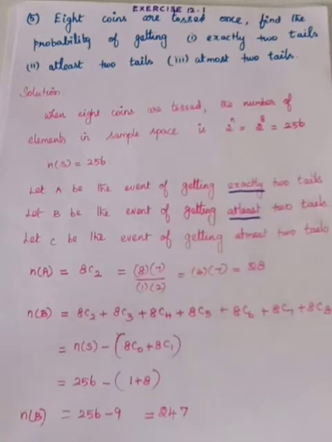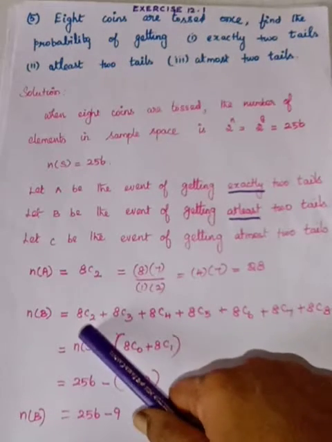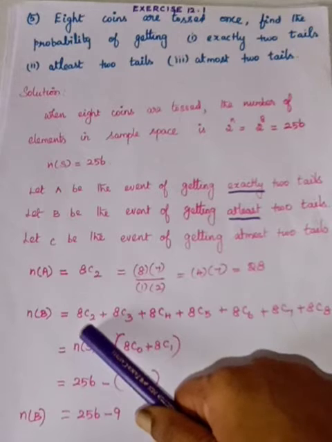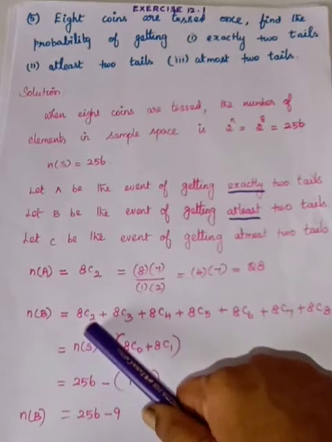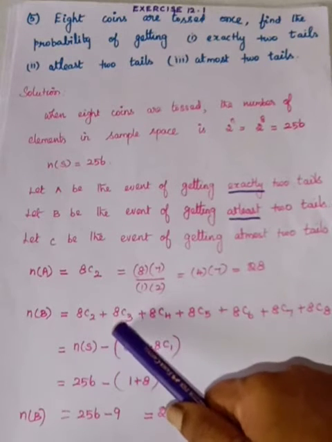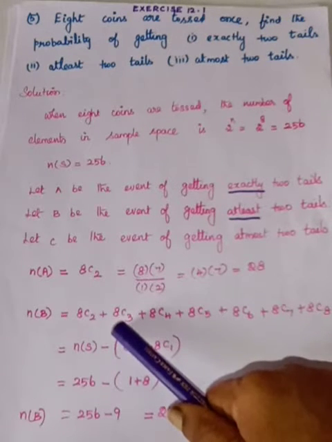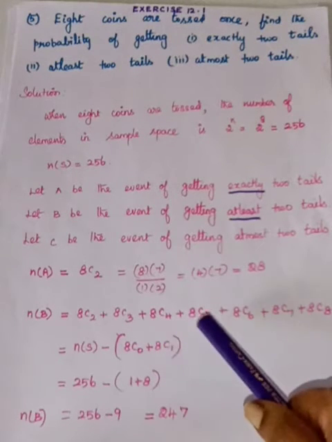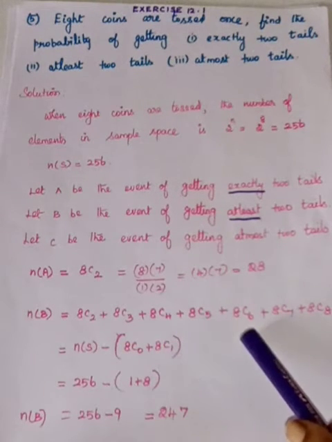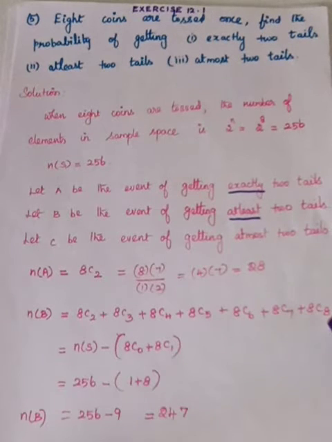Okay, so first we can write how to choose 2 tails from 8 coins. It can be done in 8C2. In the same way, 3 tails from 8 coins is 8C3. And 4 tails 8C4, 8C5 plus 8C6, 8C7, 8C8.